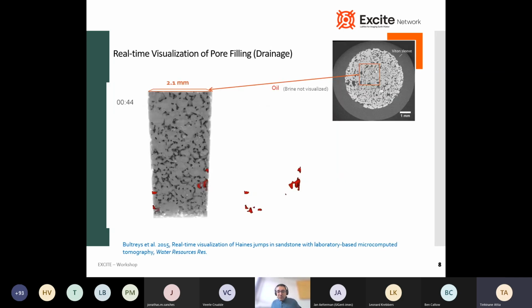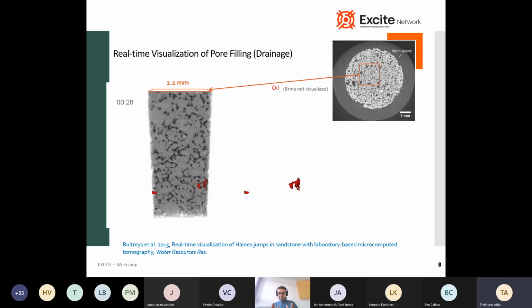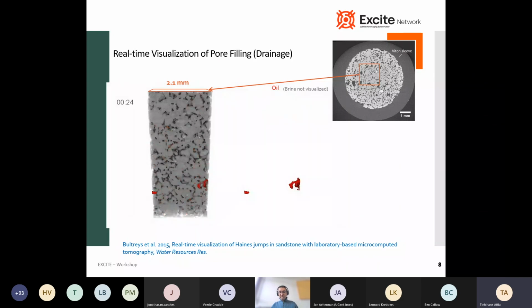Now some examples of dynamic lab-based scanning. The first one is a dynamic visualization of pore scale drainage behavior. Here we capture the fluid distribution over time in Ventimiglia sandstone, and the sample size is more or less the same as the one I showed you before: 5 millimeter diameter with a height of 17 millimeter.